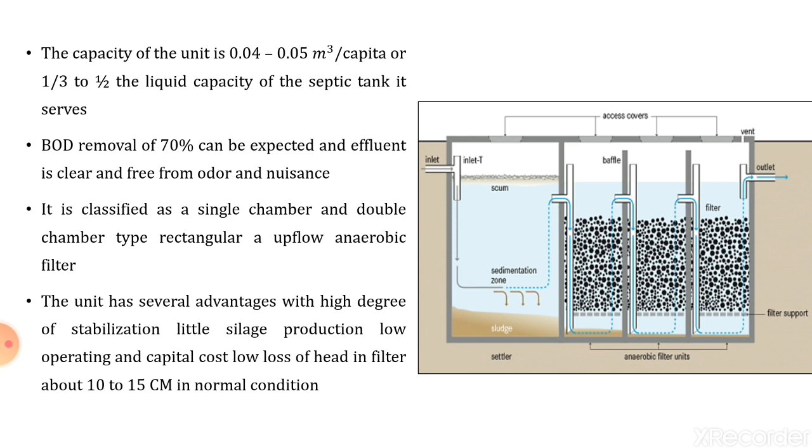It is classified as single chamber and double chamber type, rectangular upflow anaerobic filter. The unit has several advantages: high degree of stabilization, little sludge production, low operating and capital cost, low loss of head in filter, about 10 to 15 centimeter in normal condition.